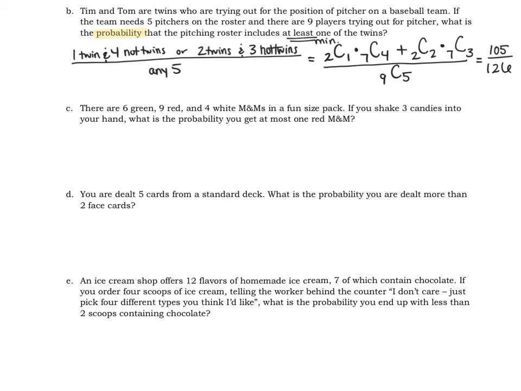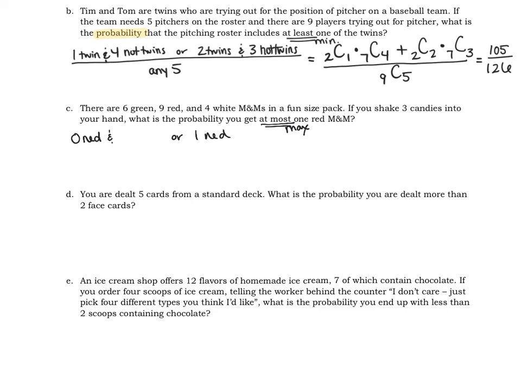Okay, so with our M&Ms, we have 6 green, 9 red, and 4 white M&Ms in a fun size pack. We're going to put 3 in your hand. What's the probability you get at most 1 red M&M? So a maximum of 1 red M&M. So that would mean we get no red or we get 1 red M&M. In addition to the reds, it doesn't say whether they're white or green.